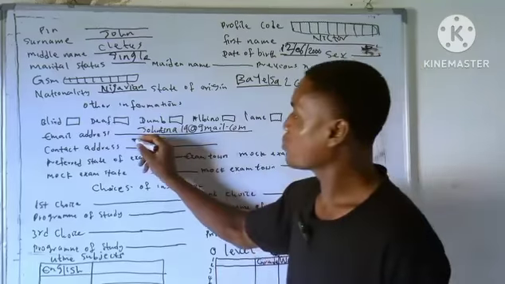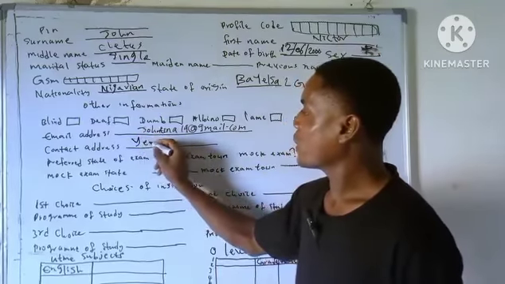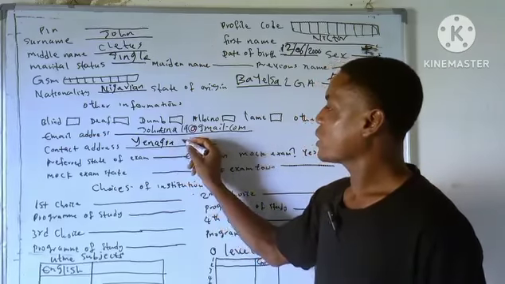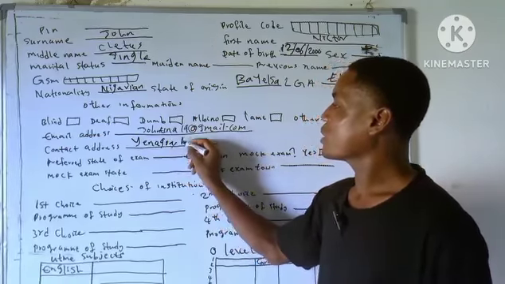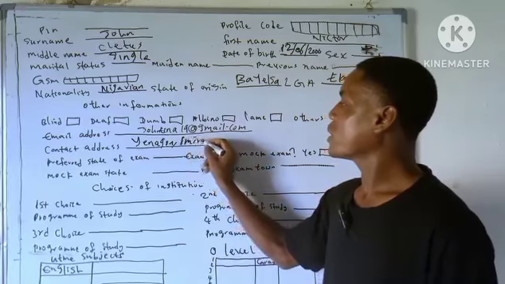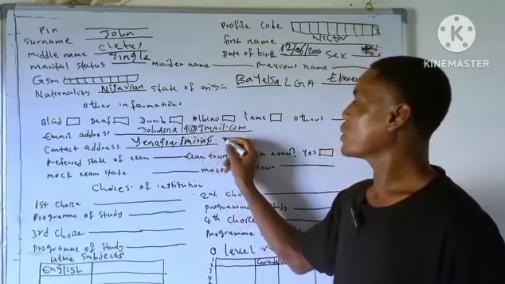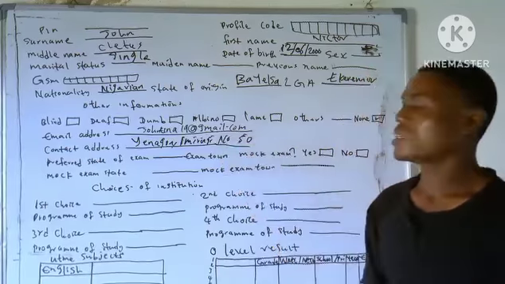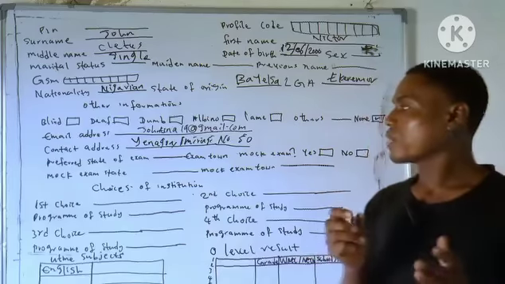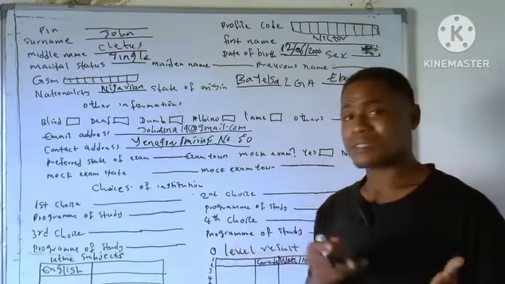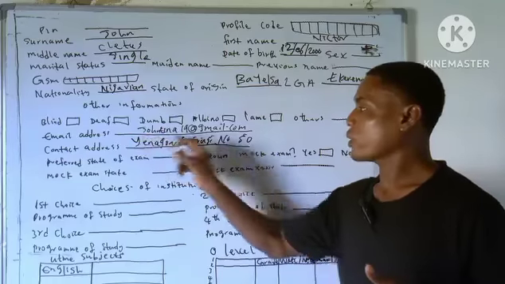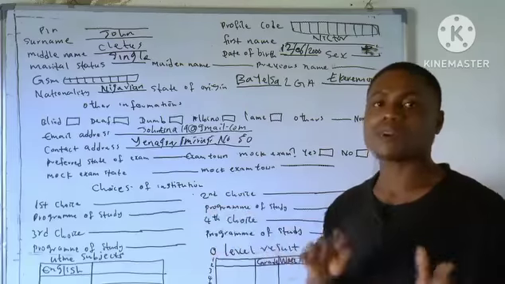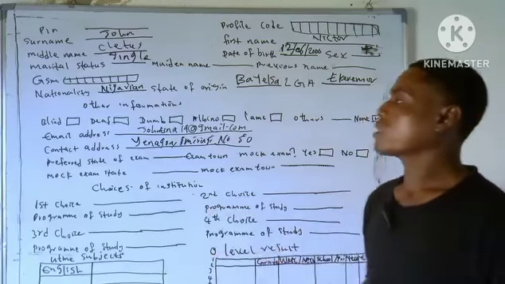So I will just put Yenagoa, then let me say Imiringi, number 50. Are you getting it now? If you are staying in Warri, you can write Warri, then the street where you are staying, then your house number.